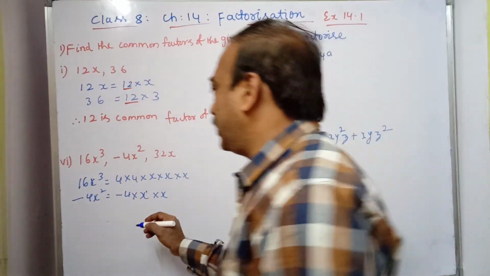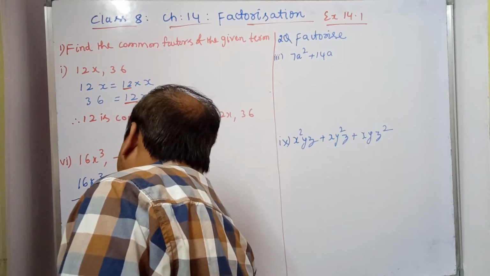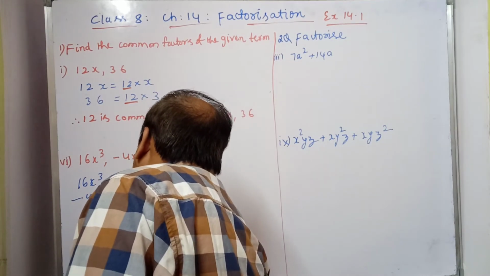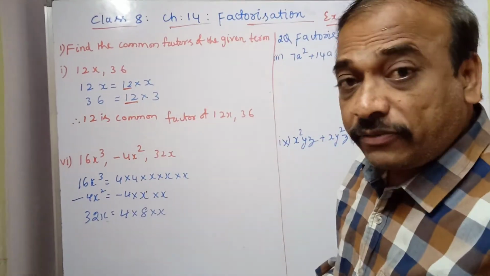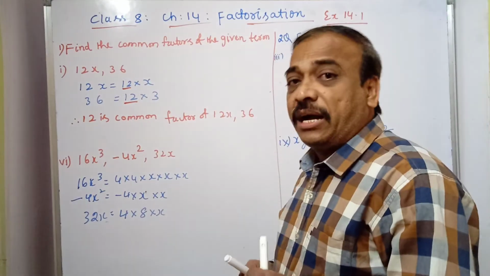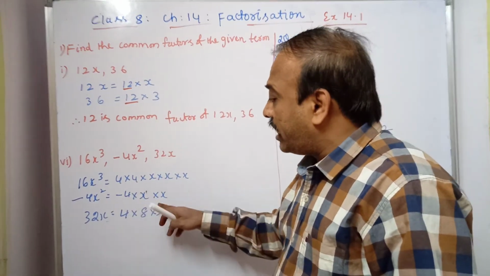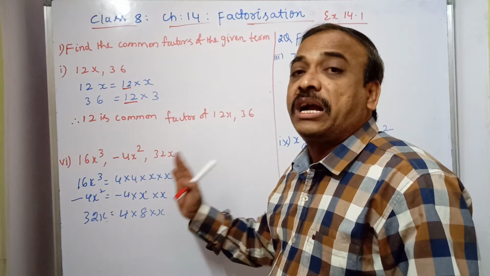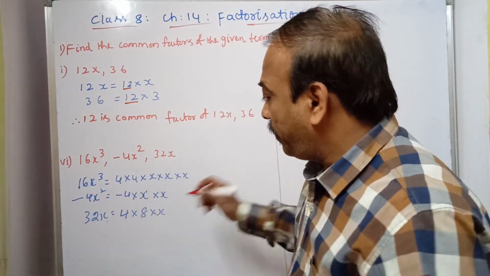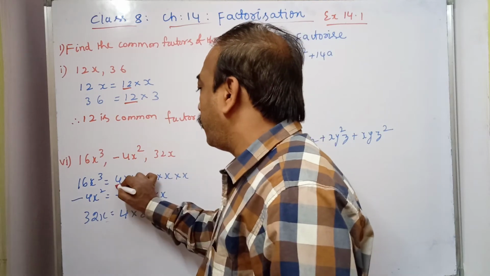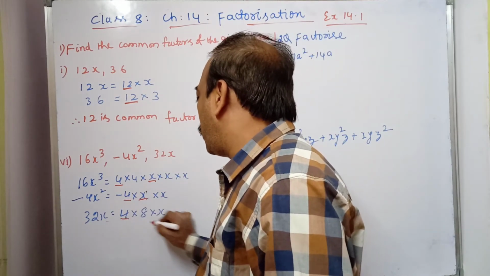Next, see the next one, 32x. This can be written as 4 into 8 into x. Now one more thing you have to remember: when you are taking out a common factor, suppose minus is not there in all, that minus you can even write for the variable. So here 4 is there, here 4 is there, and here also 4, x. So 4x, 4x and 4x.